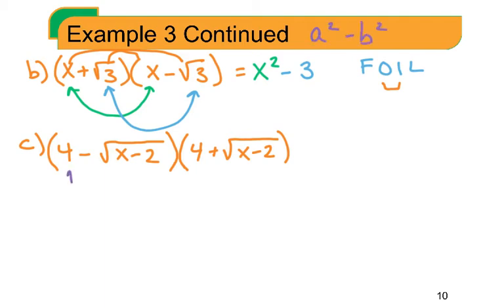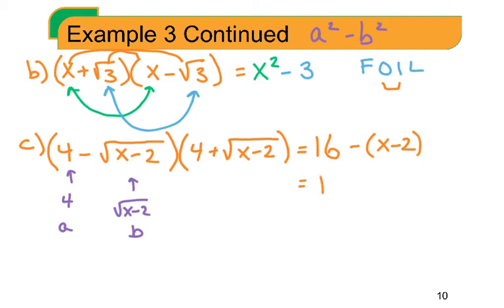A in this case is 4. B in this case is the square root of x minus 2. So what is a squared? 16. What is b squared? Be careful. It will be in parentheses, x minus 2. So my final answer is going to be something minus x plus 2. This is 18 minus x.